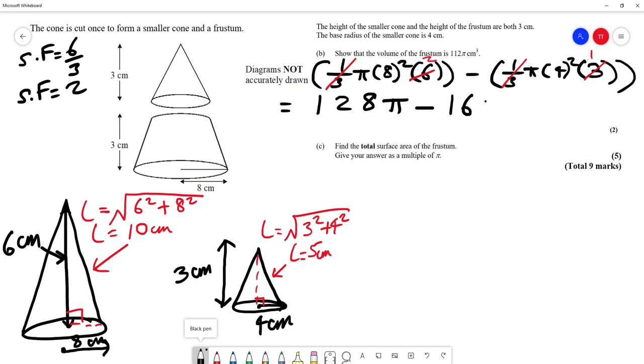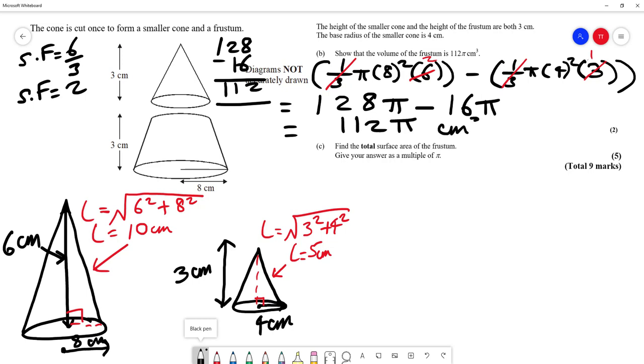So we get 16 pi. So we're going to do 128 minus 16. So I get 112. That's exactly what they want me to show, 112 pi centimeter cubed. That's the volume of that frustum.